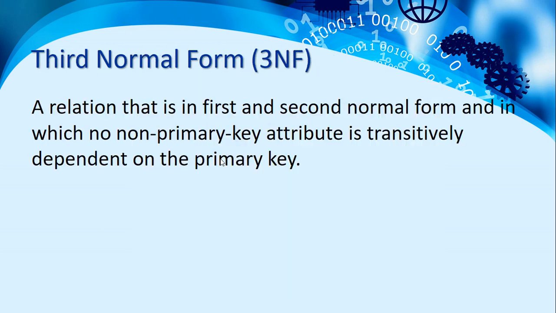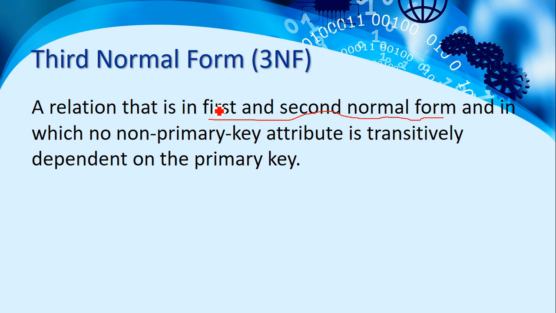Okay, so next, third normal form. How can we know that a table is in third normal form? A relation or table that is in first normal form, so when we say third normal form, the table is already in first and second normal form.